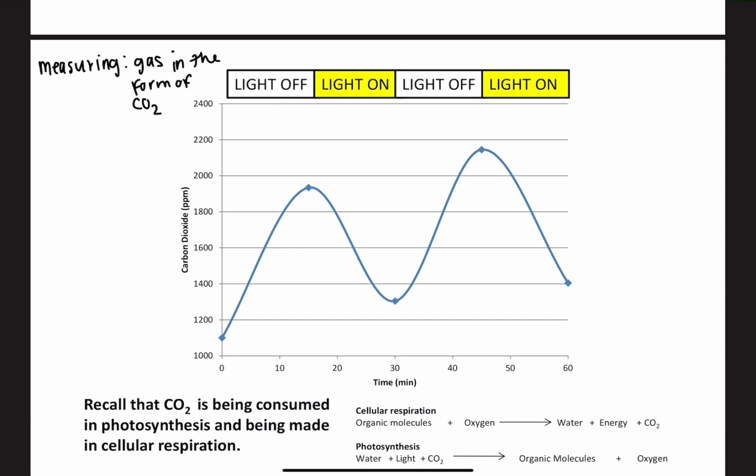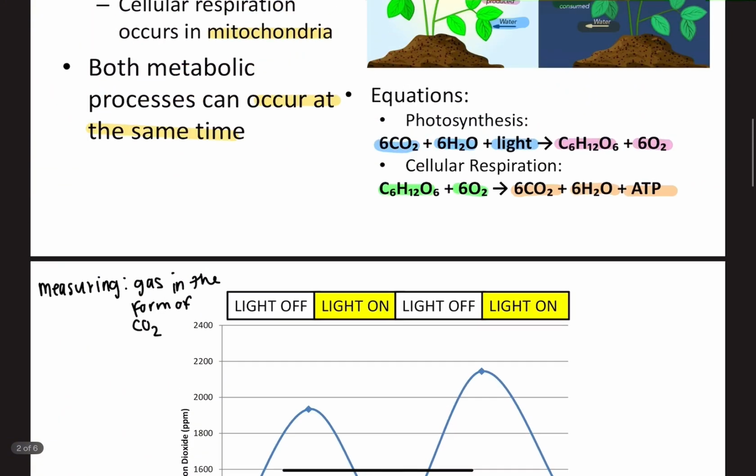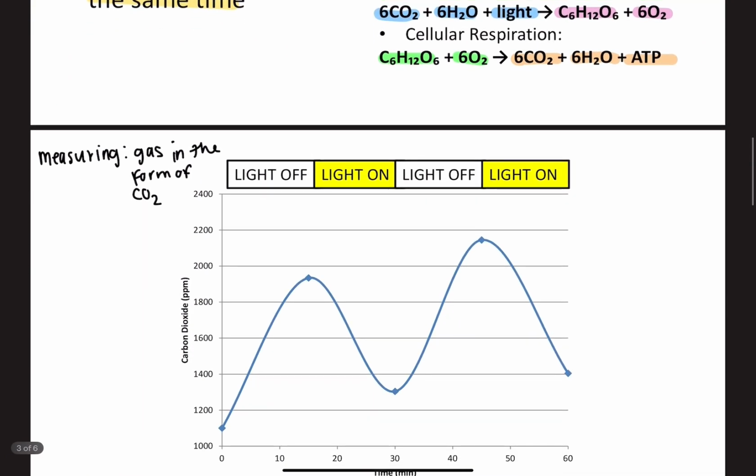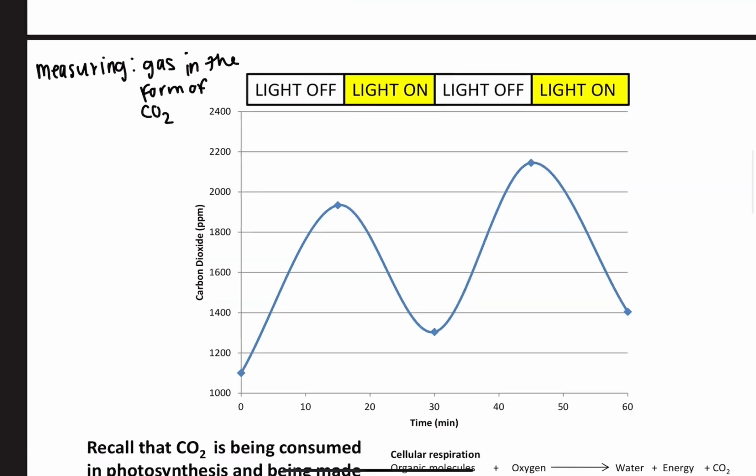It's really important to remember that during photosynthesis, we consume carbon dioxide, and cellular respiration produces carbon dioxide. Knowing these basic formulas is key to understanding the data that we are going to obtain.